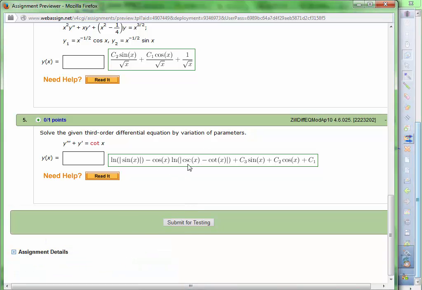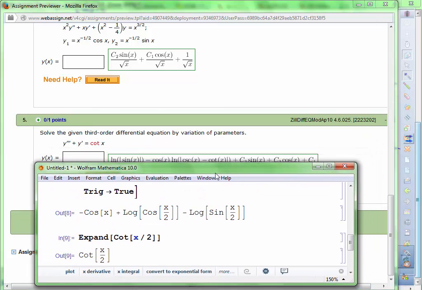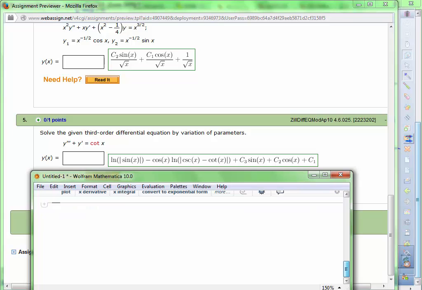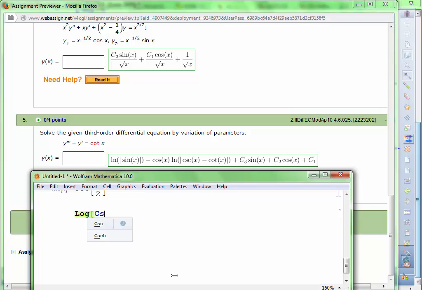So apparently, let me do one more check here to actually prove that our answer is correct. The log of cosecant of x minus cotangent of x, is that equal to log of cotangent x over 2?